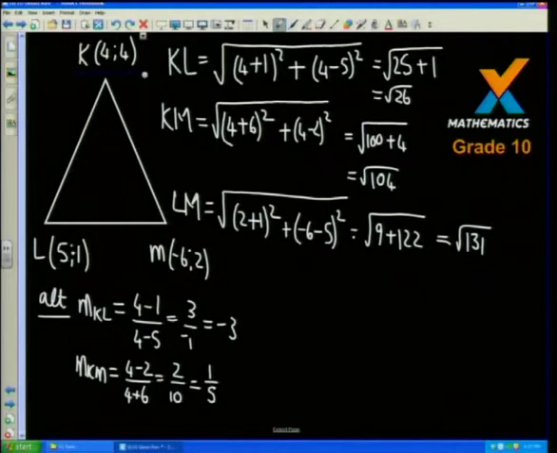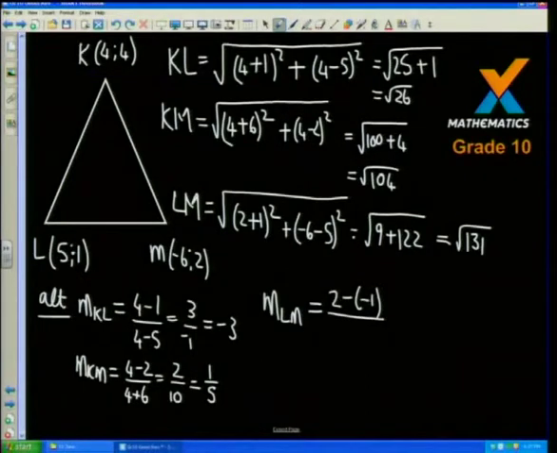Let's confirm it with the calculation of my gradient. The gradient of LM is indeed then the change in y, which is 2 minus -1. Remember, 2 minus -1. Be careful of that happening. It happens so often in analytical geometry, folks, that there's a double negative. You've got to watch out for that double negative because it turns everything else positive.